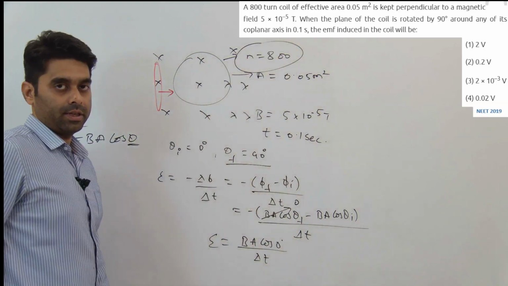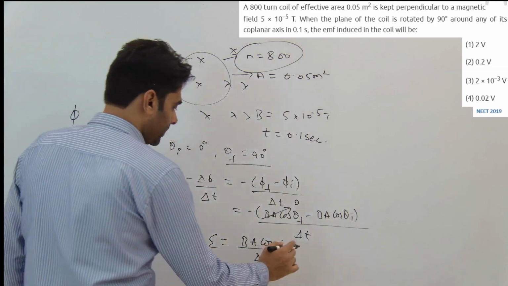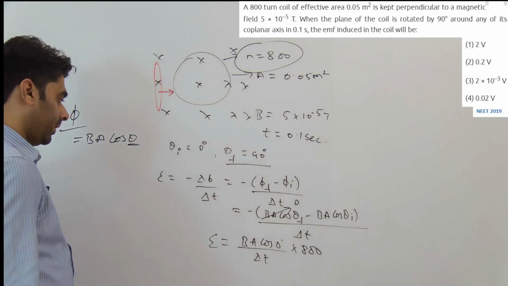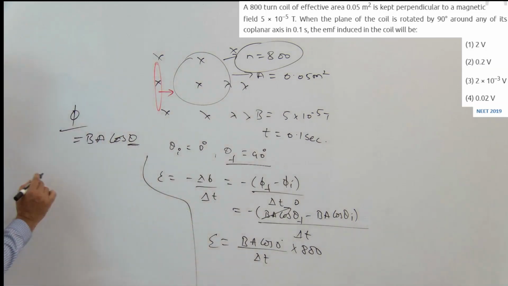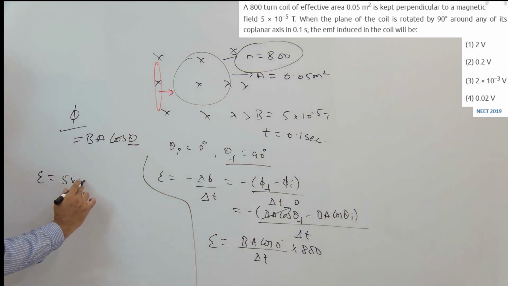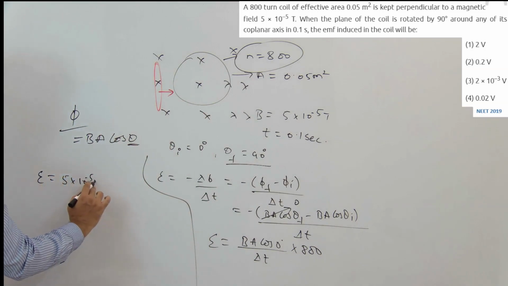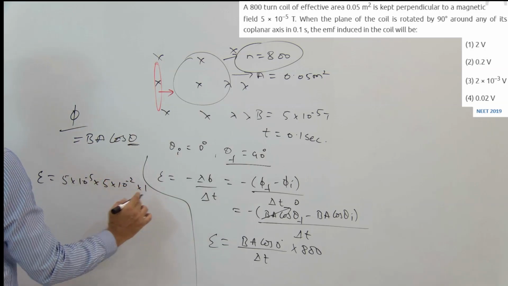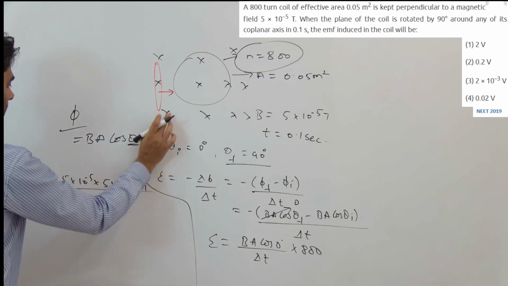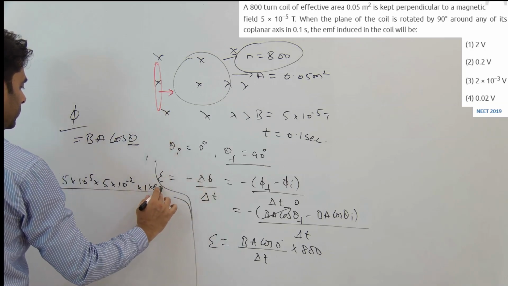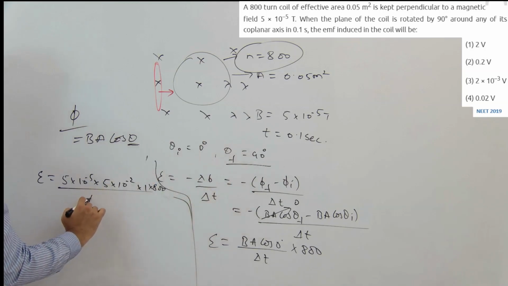How many turns are given to us? Over here 800 turns are given. So total EMF will be into 800. Let us solve it. I'll substitute all the values. E is equal to BA. B is 5 into 10 power minus 5 into A is 5 into 10 power minus 2 into 800, divided by time, which is 0.1 second, that is 1 into 10 power minus 1.